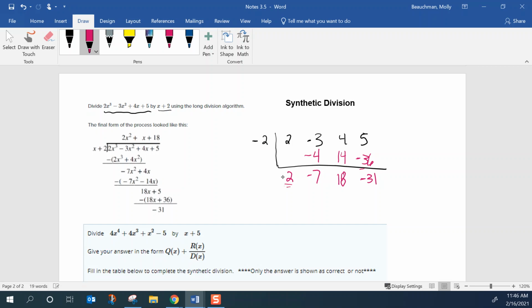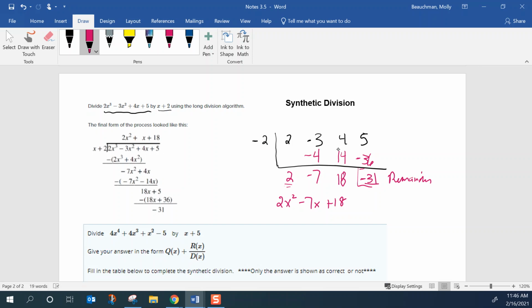If you memorize that algorithm, then what's along the bottom is our answer. So this 2, if we're taking 2x cubed divided by x, it's going to be 1 power smaller. So this 2 is going to be the numerical coefficient of x squared minus 7x plus 18, and the last number is the remainder. So we have a remainder of negative 31.